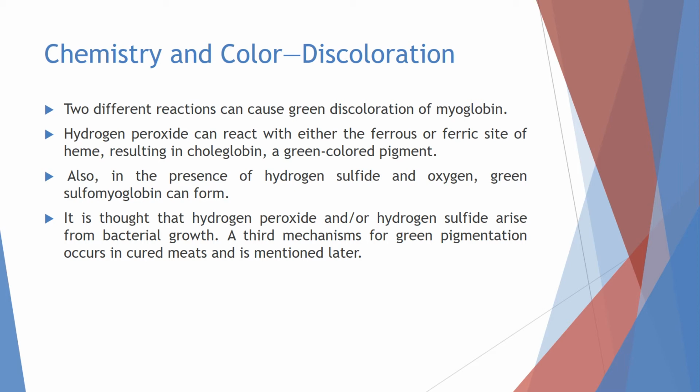And when hydrogen sulfide and oxygen react with myoglobin, it forms sulfomyoglobin, which is also a green colored pigment. This hydrogen peroxide and hydrogen sulfide are produced due to bacterial growth on the meat product. The third mechanism which gives green discoloration to meat products is due to curing, which we will see in the coming slide.